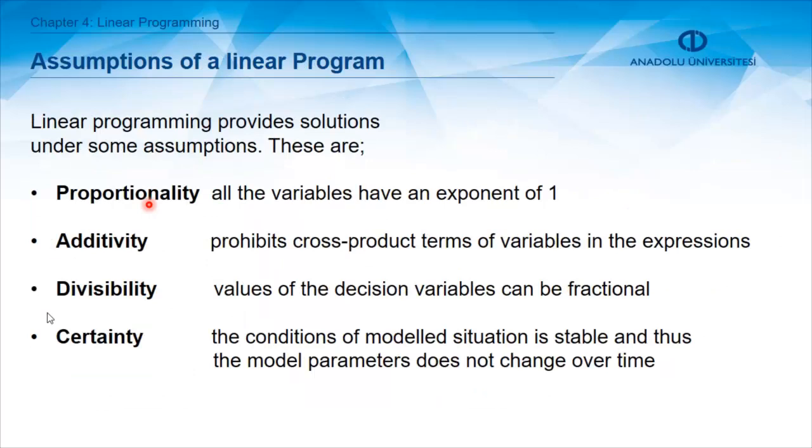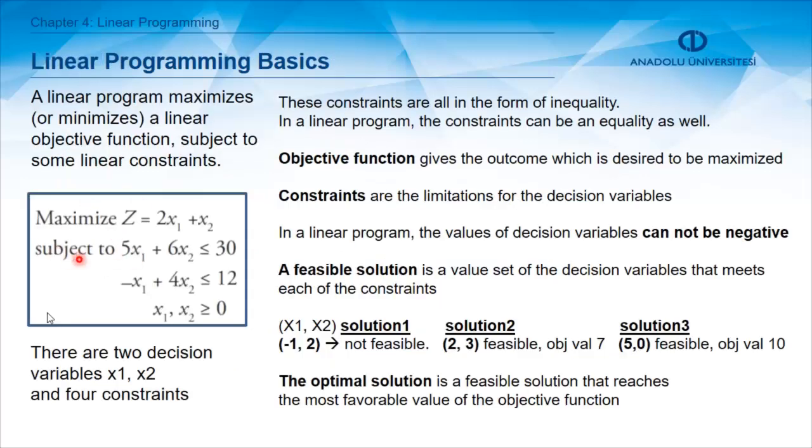Linear programming provides solutions under some assumptions. These are proportionality, additivity, divisibility, and certainty. Proportionality means that all the variables have an exponent of 1. In our linear program example here, we look at the exponents. These are all 1.